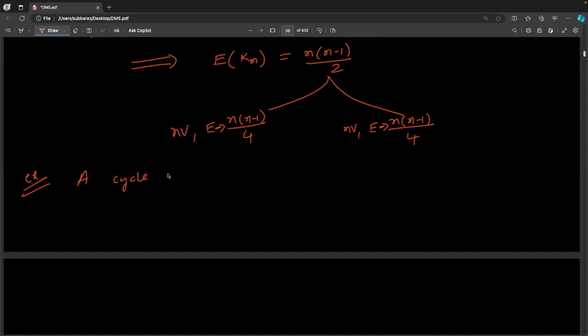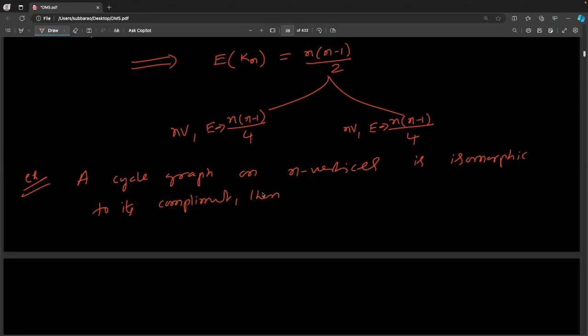A cyclic graph on n vertices is isomorphic to its complement.